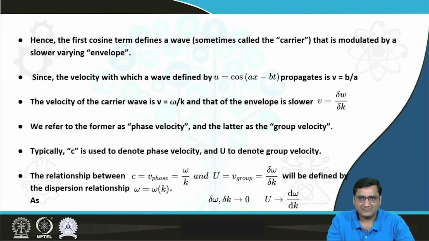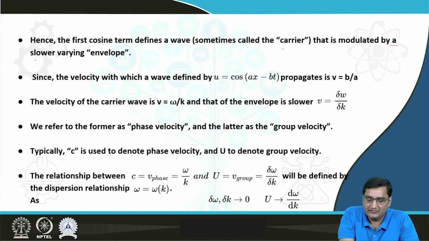Now, what we can make out from this figure is that the first cosine term defines a wave known as the carrier wave that is modulated by a slower varying envelope. We saw that c is always greater than u.